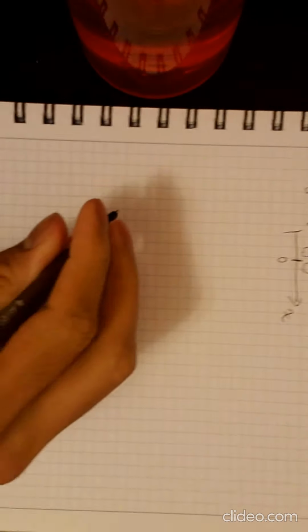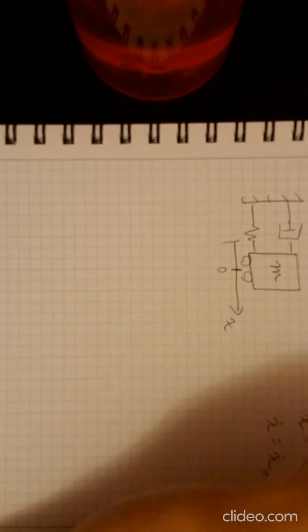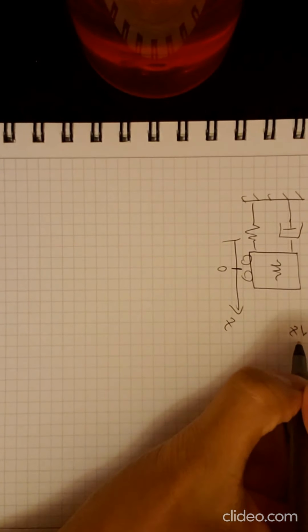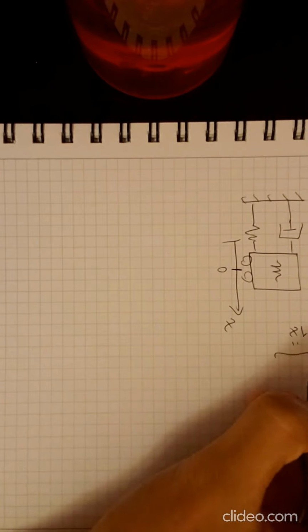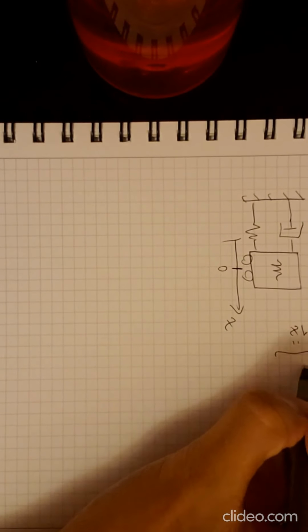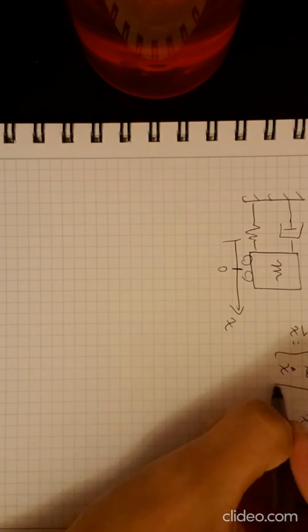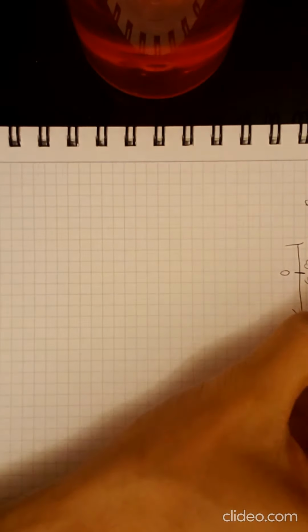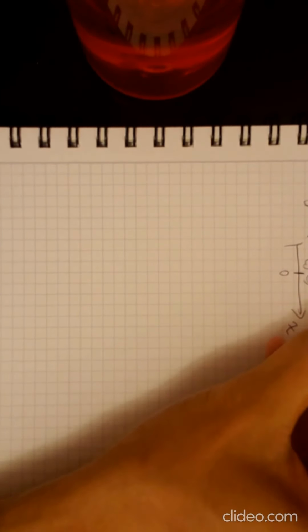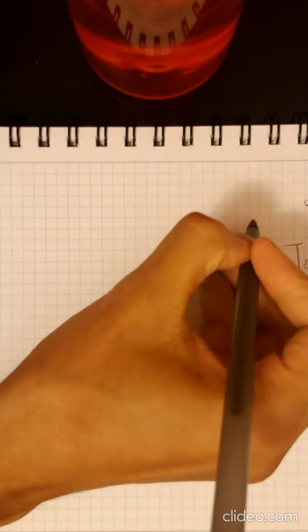Before that, I want to be able to observe what's happening to the position and to the velocity. So suppose that there's some arbitrary force f of t acting on the system.